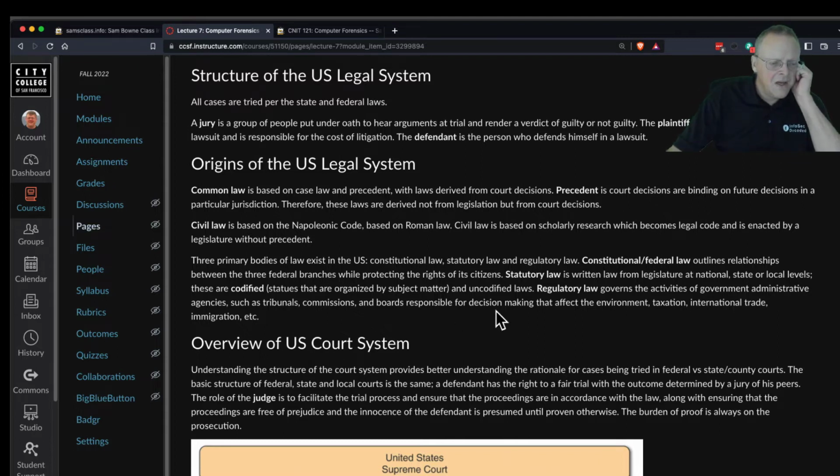All right. So we got constitutional law, statutory law, and regulatory law. Constitutional law is federal, of course, based on the Constitution. Statutory law is laws written by the legislature. And regulatory law is rules you have to obey, like the stuff we hit a lot in security, compliance regulations.